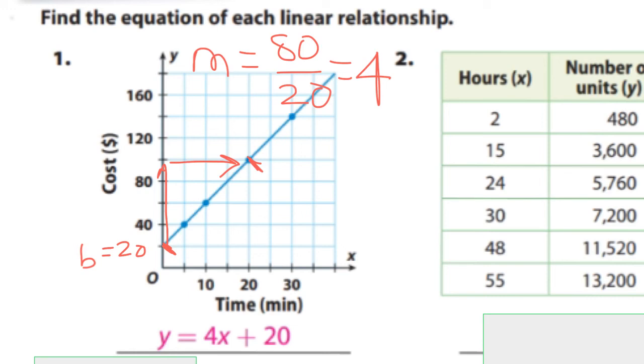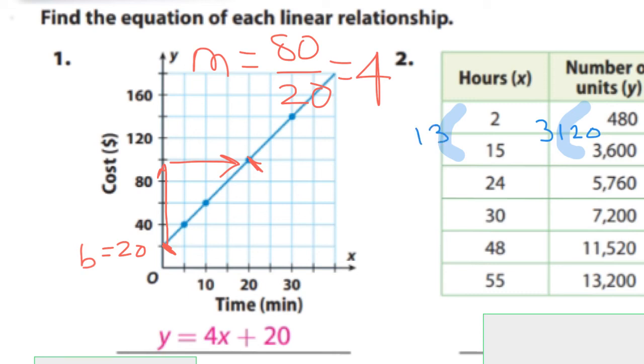Okay, on the other one, you want to see how the y's increase and how the x's increase. So with your handy dandy calculator, 3,600, take off 480, is 3,120. And for your x, 15 minus 2 is 13.